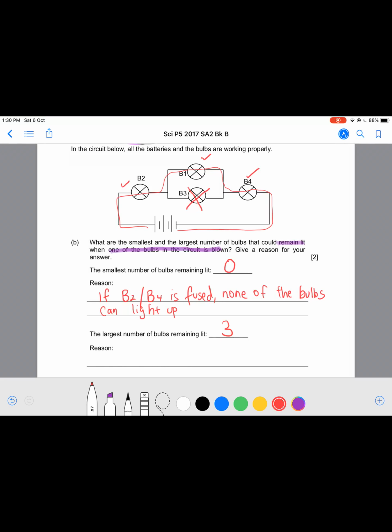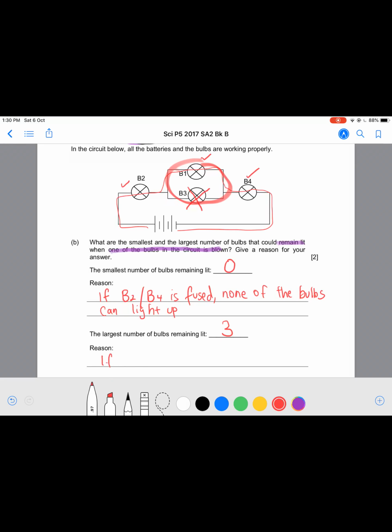You see the advantage of a parallel circuit, alright, is that if one of them fuses, the other one can still light up. The rest is not affected because it is still a closed circuit. So the maximum number will be actually 3, not 4. So why so?